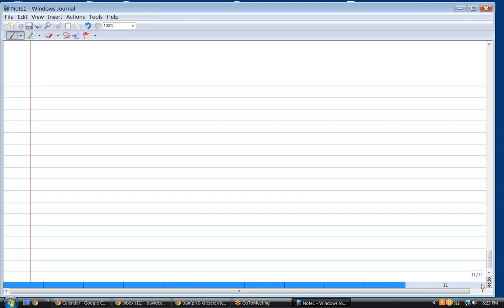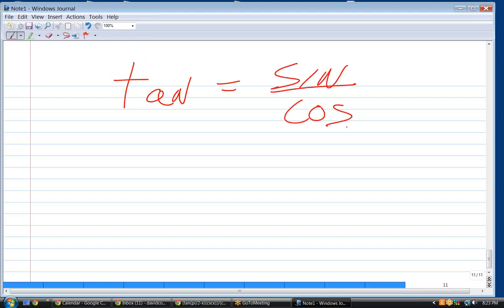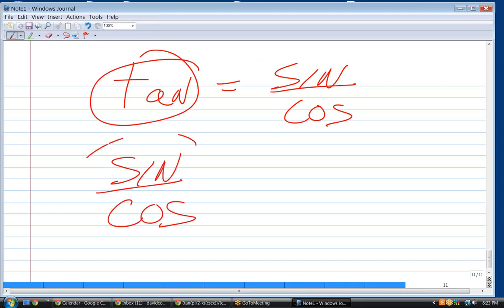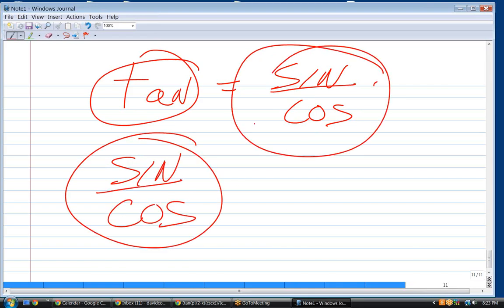And by verifying, I basically mean if you want to prove that that's equal to that, you take this and you make it look like that. In other words, tangent is equal to sine over cosine, so I've verified that that's equal to that. Only verifying trig functions are much more complicated than just a simple identity like this.